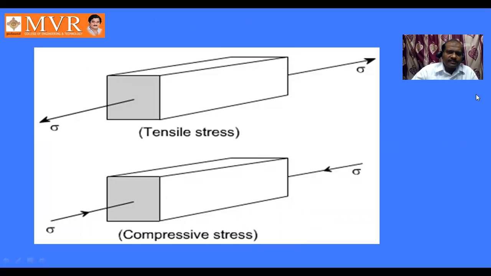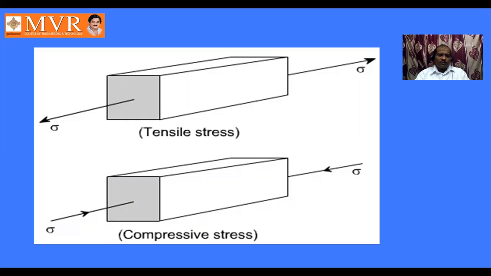Like that, if one force is acting here in one direction and another force is acting in the plane parallel to this one, then that is called shear forces. So tensile stress will be there, compressive will be there, shear stress will be there. This is how the forces act.